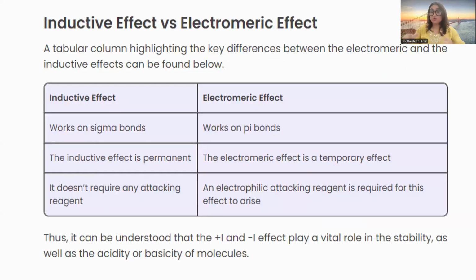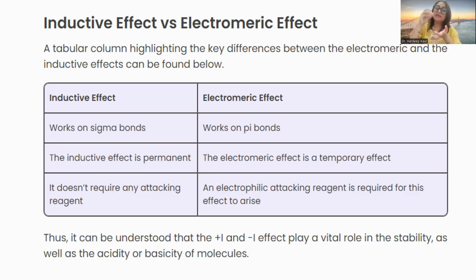So guys, I will close this session on inductive effect with the difference from the electromeric effect. In the inductive effect, we work on the sigma bond only, but in the electromeric effect, we work on the pi bonds. Here is displacement of the sigma bond, and there is transfer of the pi electrons. The inductive effect is a permanent effect, but the electromeric effect is a temporary effect.